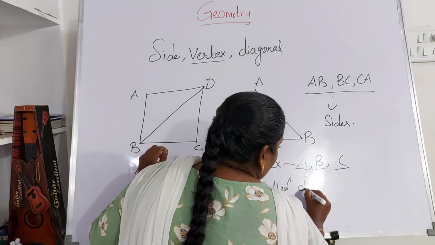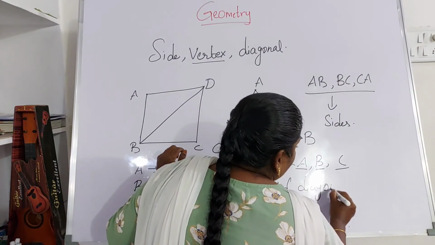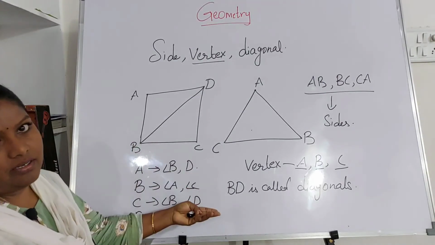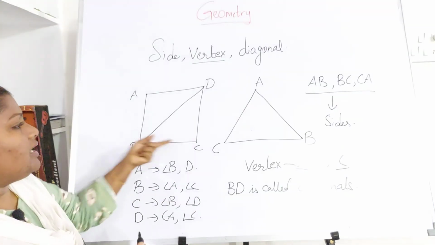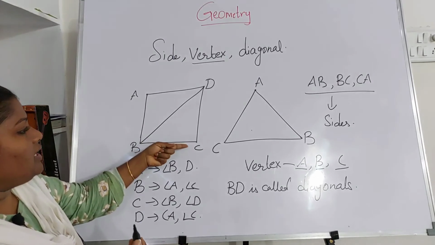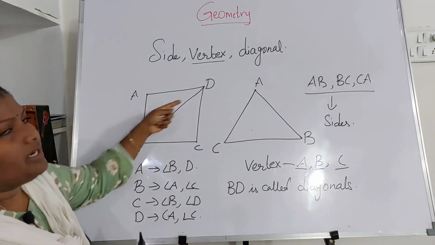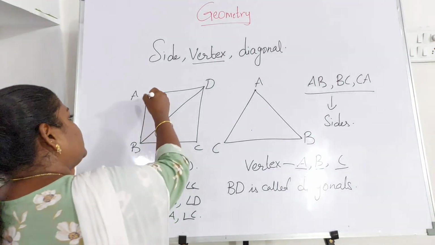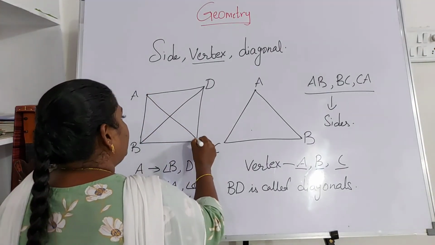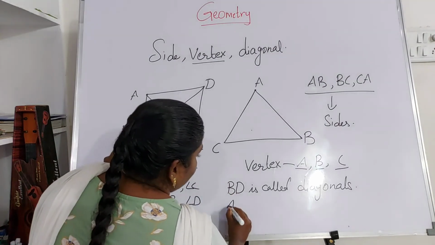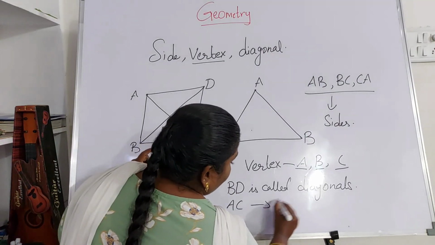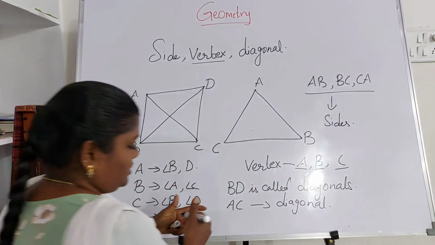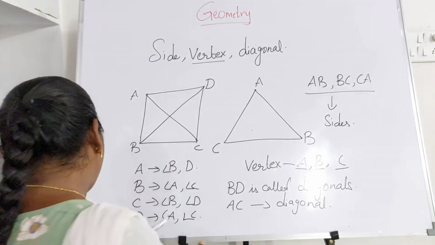A line touching the points other than the adjacent points is called a diagonal. So a 4-sided figure has 2 diagonals, that is BD and AC. AC is also called a diagonal. Yes. So let me continue with the next one.